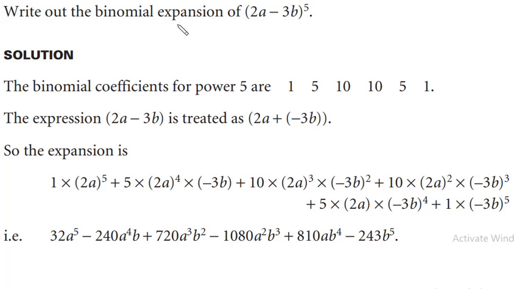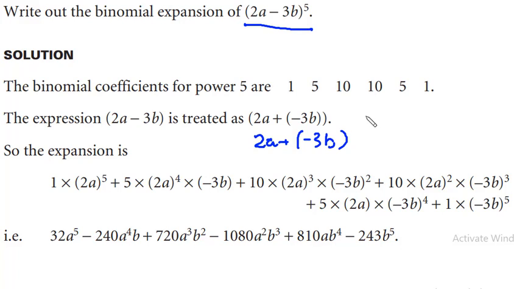Now we will work out the binomial expansion of this one as an example. You can see that here the power is 5, so we can identify the binomial coefficients for the power 5: 1, 5, 10, 10, 5, 1, from the Pascal triangle. The expression will be rewritten as 2a plus negative 3b.